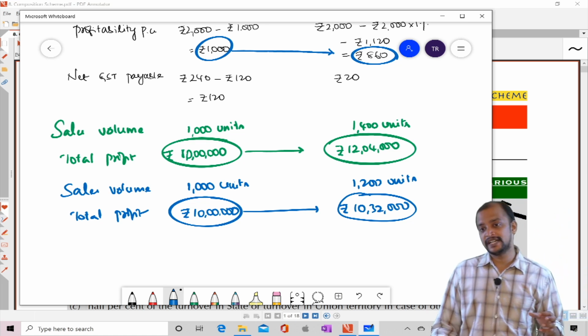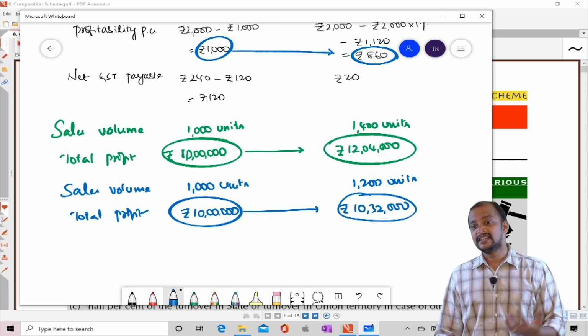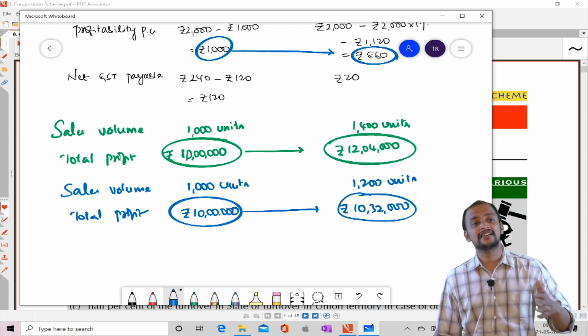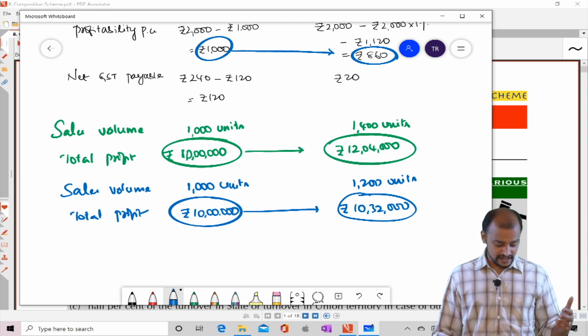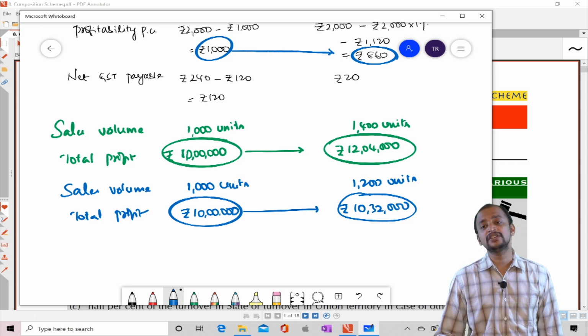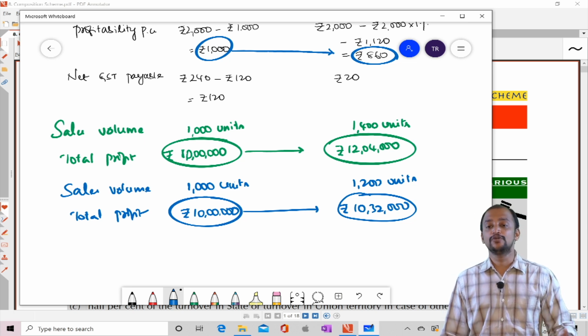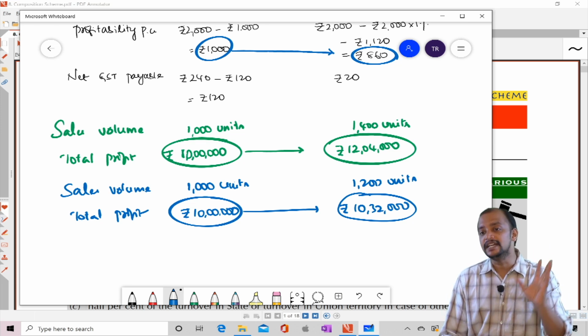When you are a dealer with limited sales, and there is price inelasticity, that is, when the price increases or decreases there is no change in the sales volume, then there is no point in going into the composition scheme. You will be literally bleeding.